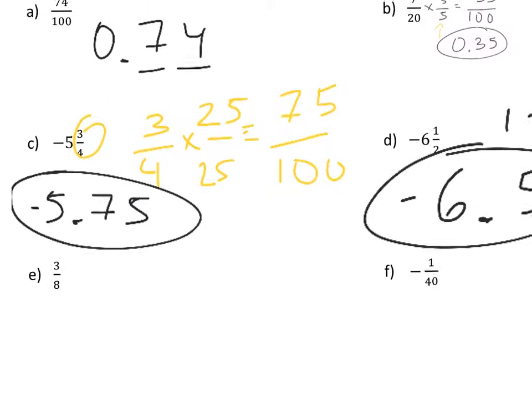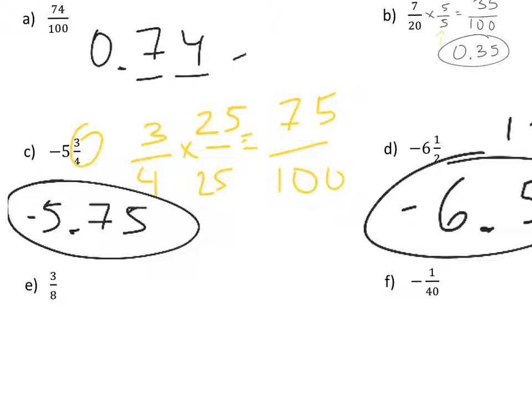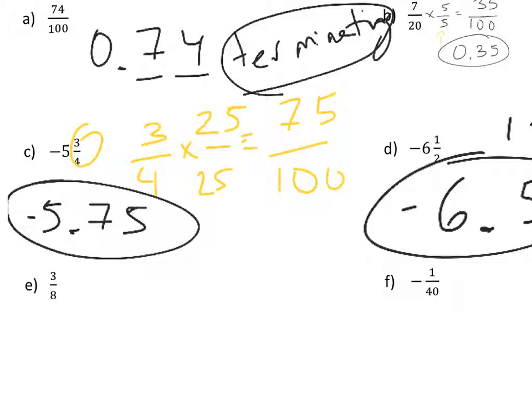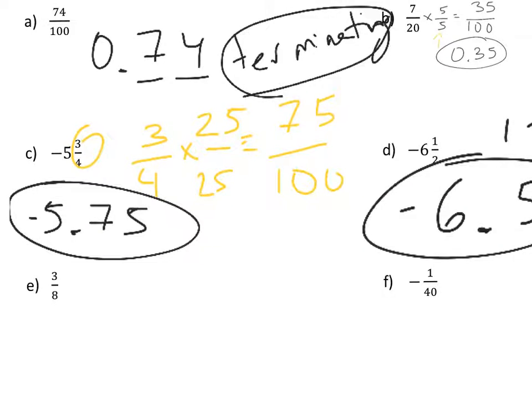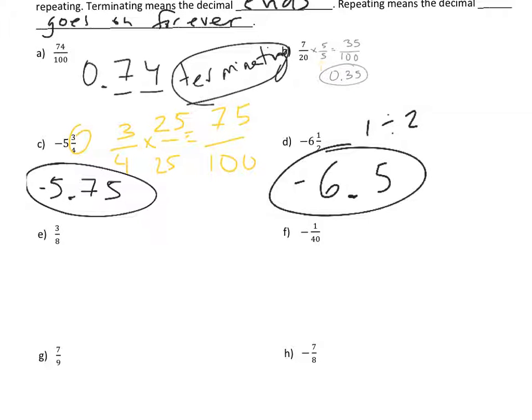So let's go back and write terminating for each of those. And the spelling, because I know you can't read that writing, is up in the top. So you should be writing terminating for A, B, C, and D. They all had an end.